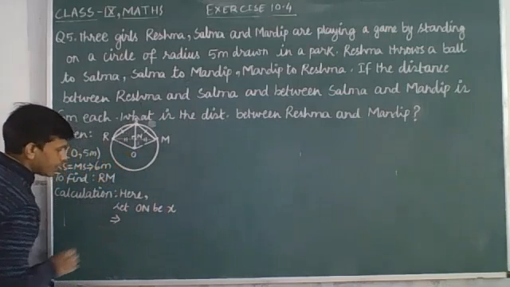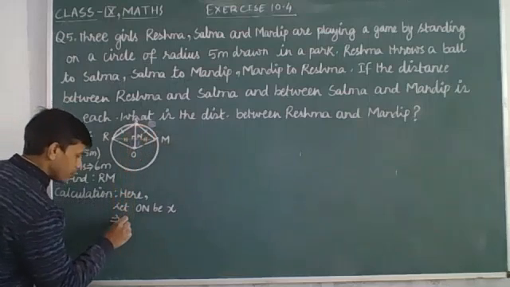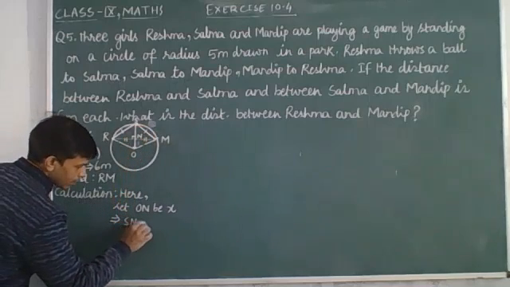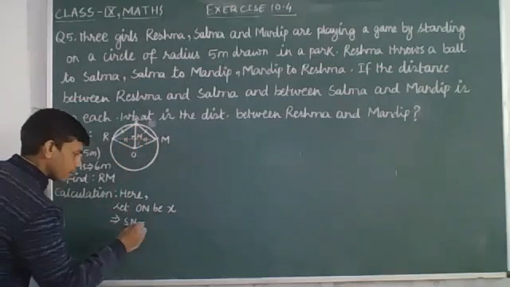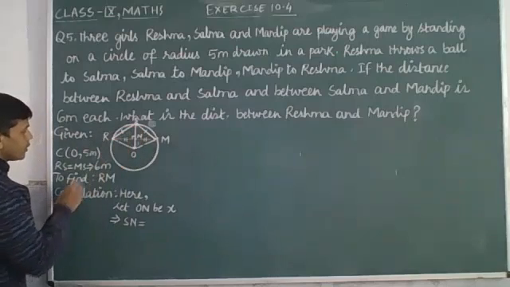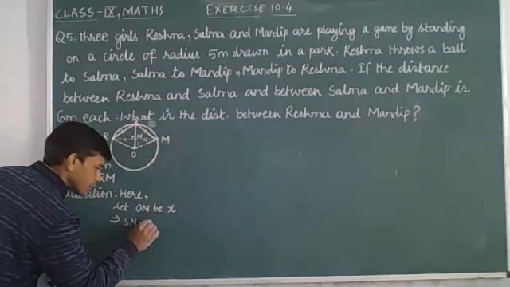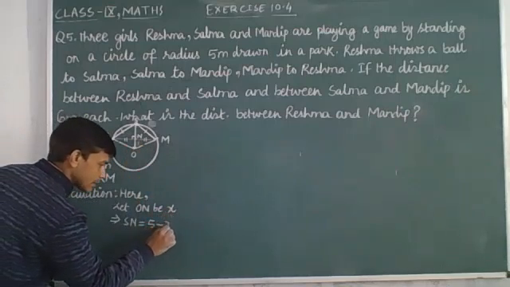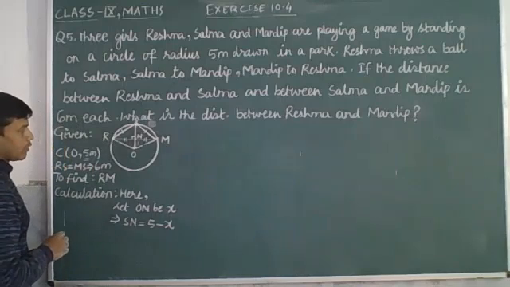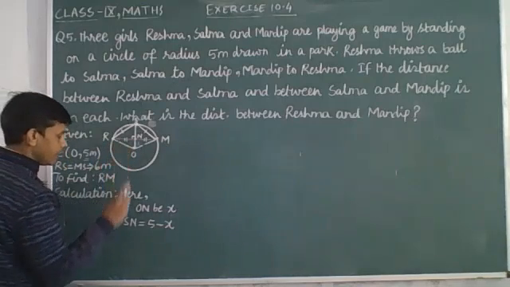So it implies that this SN will be OS minus ON, where OS is the radius of the circle, 5 meters. So it is 5 minus ON, and ON is x. And let this RN be y.